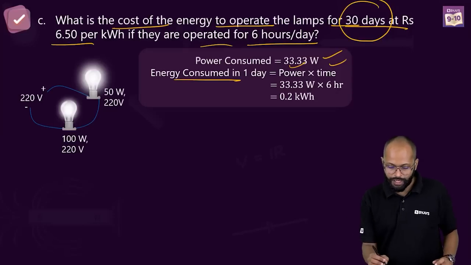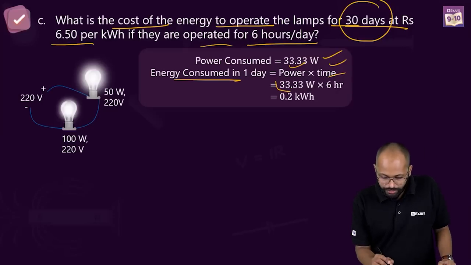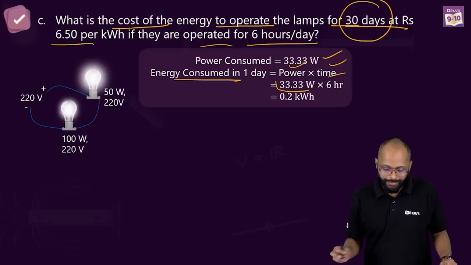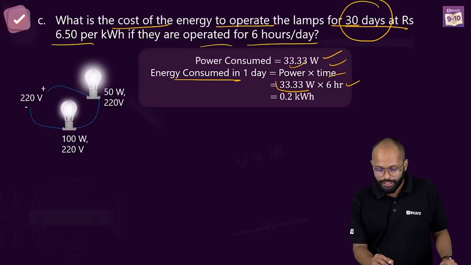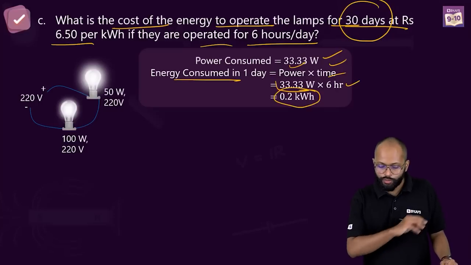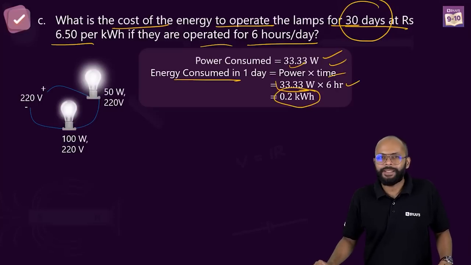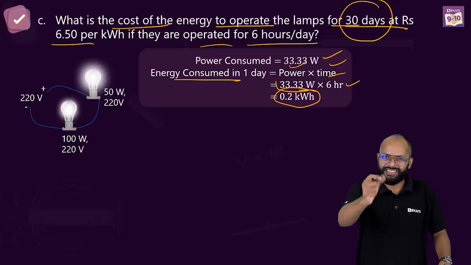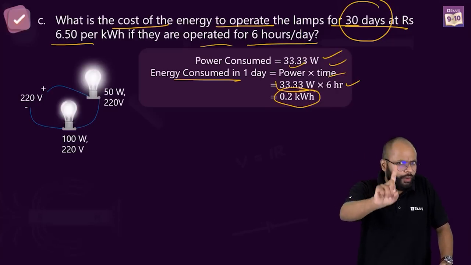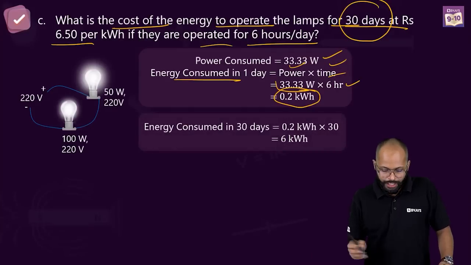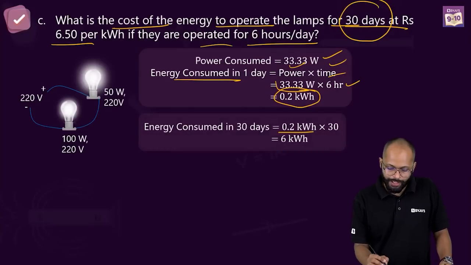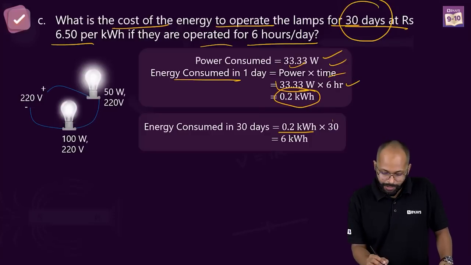So power into time: you have 33.33 watts multiplied by 6 hours. You get the answer and convert it into kilowatt hour. This is the energy consumption. These many units you are getting in one day. Now, how many days are you operating it? 30 days, right? So in 30 days, you will multiply 0.2 kilowatt hour by 30.